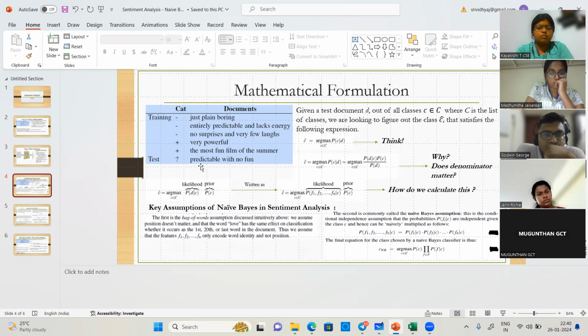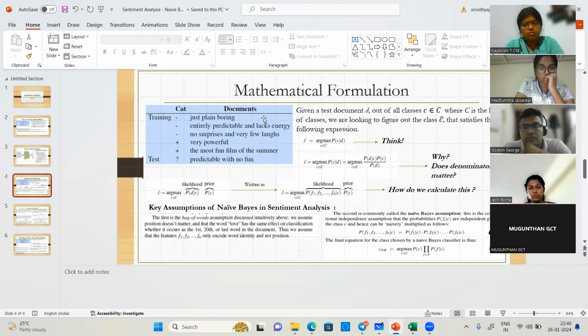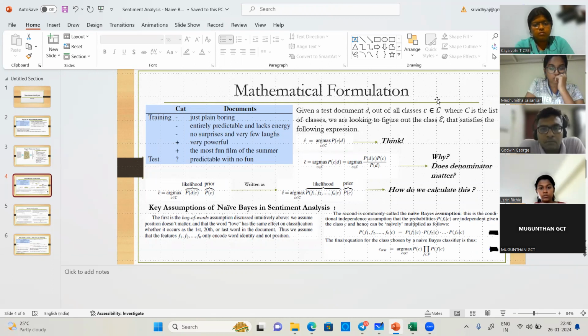We're trying to figure out the sentiment associated with the document. So given a document, we are trying to ascertain the class. Right? That's what we're trying to do.